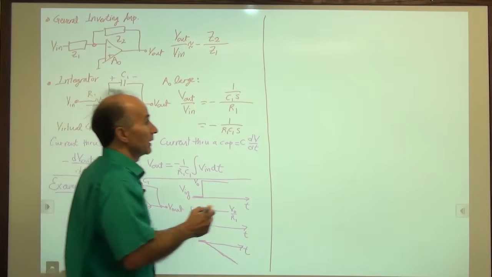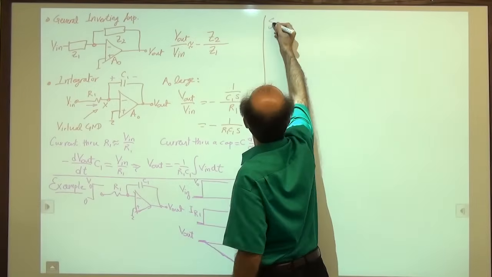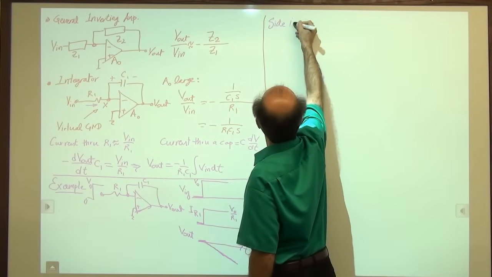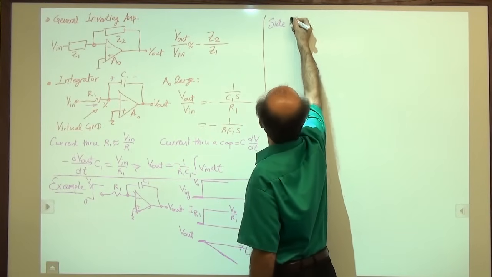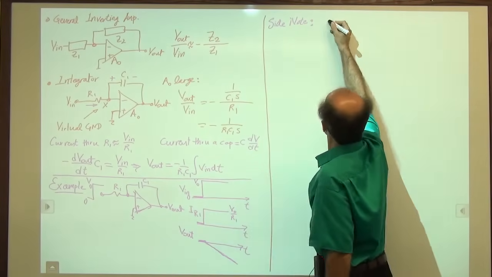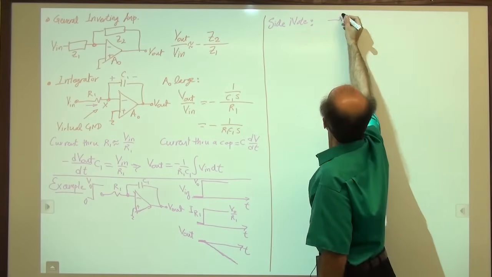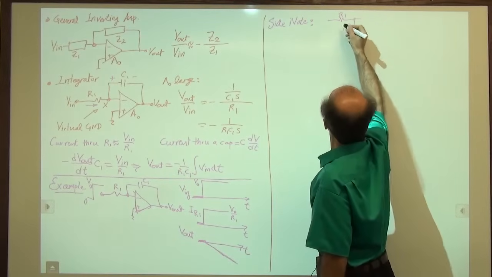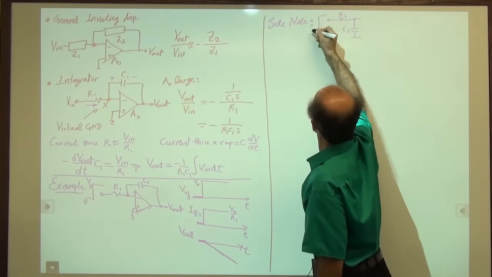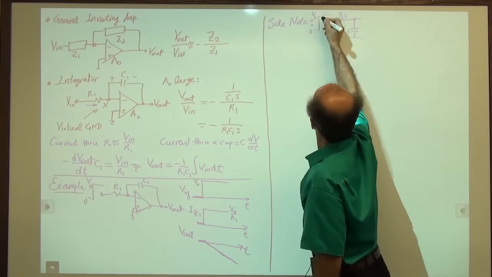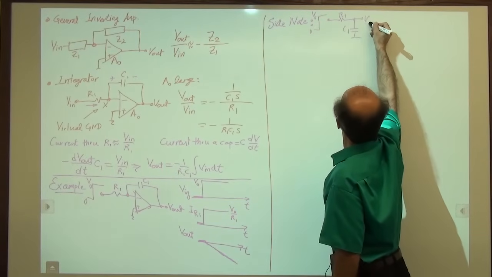So let me give you a quick side note so that you can compare. Imagine that I have a resistor and a capacitor only, R1, C1, and I apply a step here, 0 to V0. This is V out.